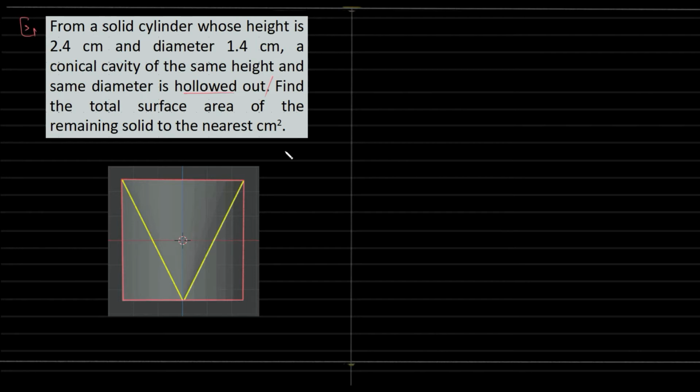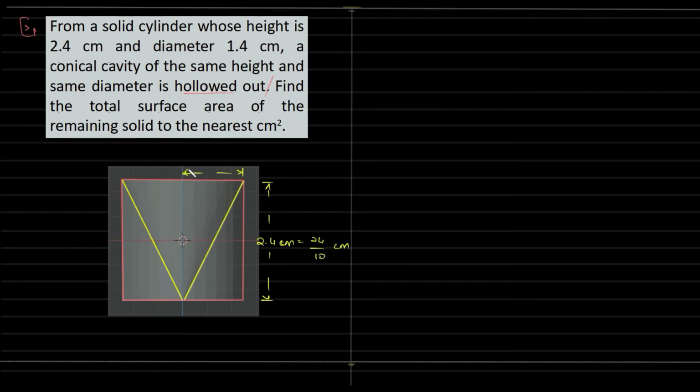A solid cylinder whose height is 2.4 centimeter. So the height is 2.4 centimeter, which is 24 by 10 centimeter. Diameter is 1.4 centimeter.